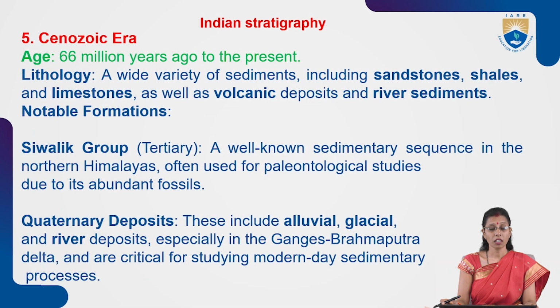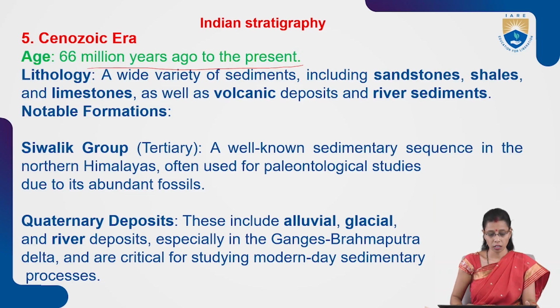Next we have the Cenozoic era. The Cenozoic era is from 66 million years ago to the present. Out of all of these, the present era we call the Cenozoic era.